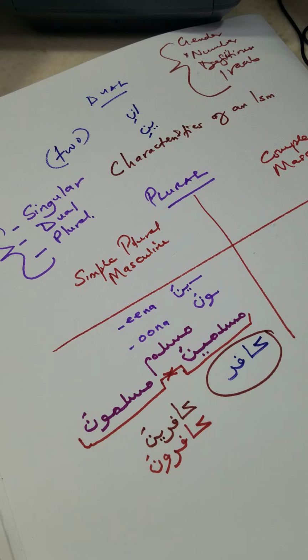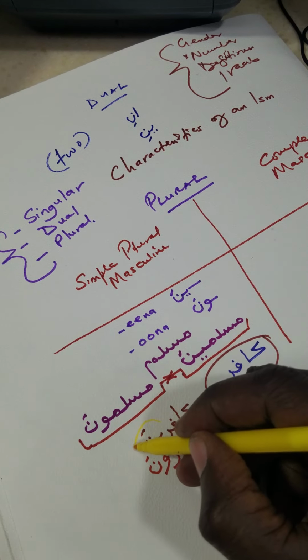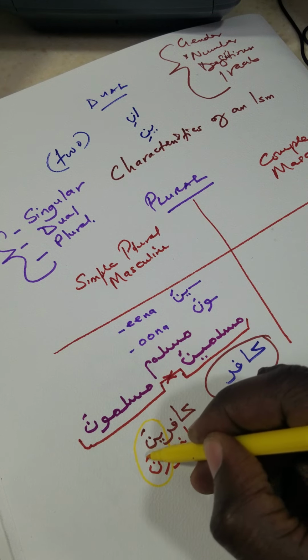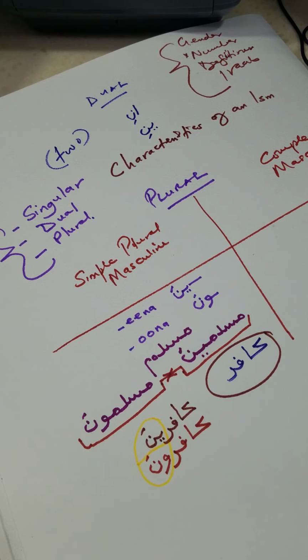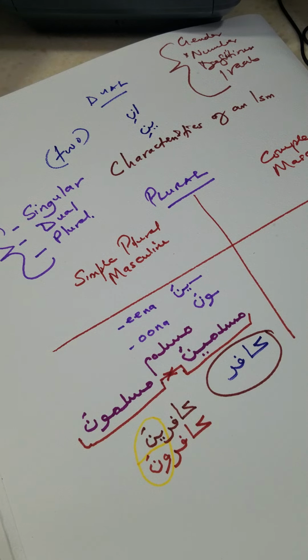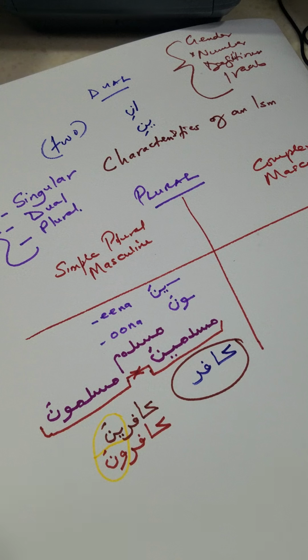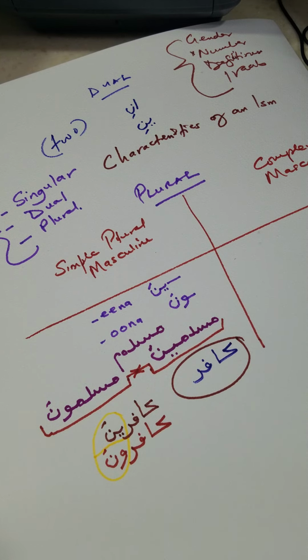So you will interest yourself in this last part, in this last ending of these words. Here you see ina, una. Just look at that. It was either ina or una. What are we trying to do? We are trying to find the simple plural of a masculine isim.